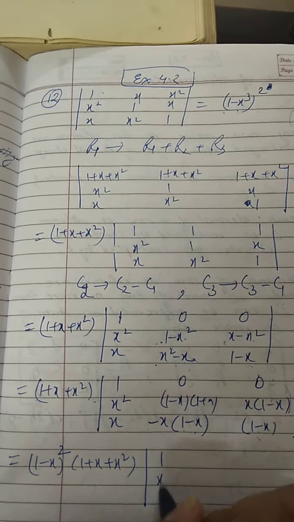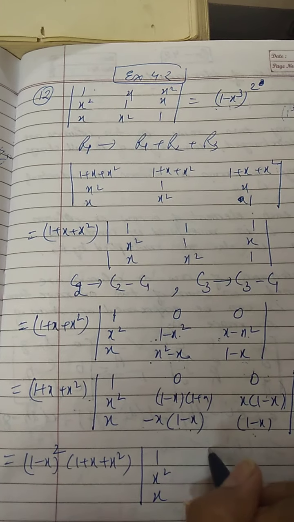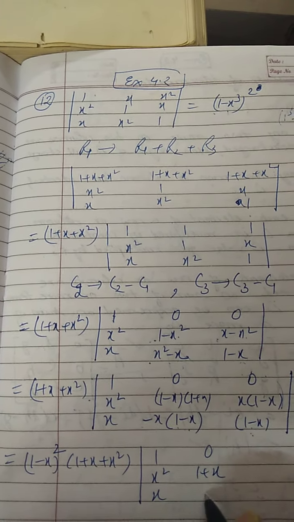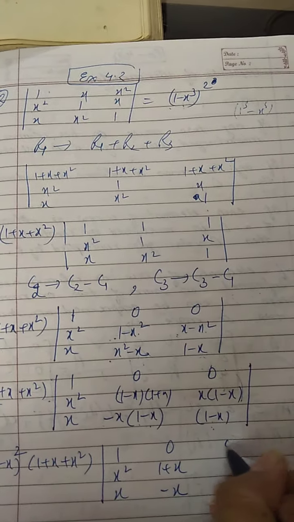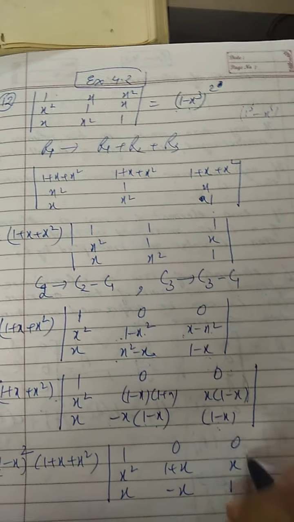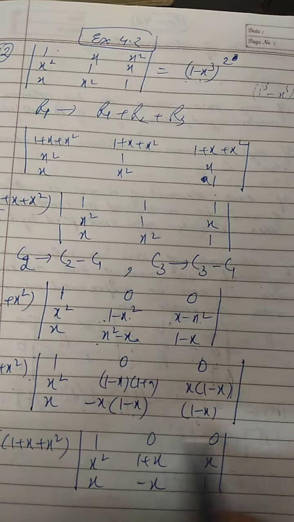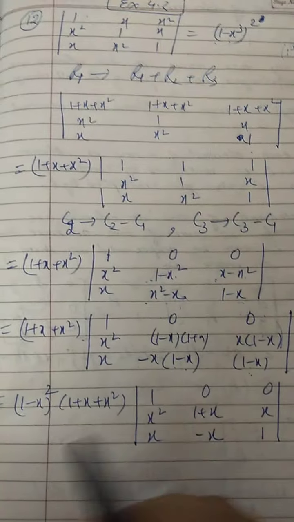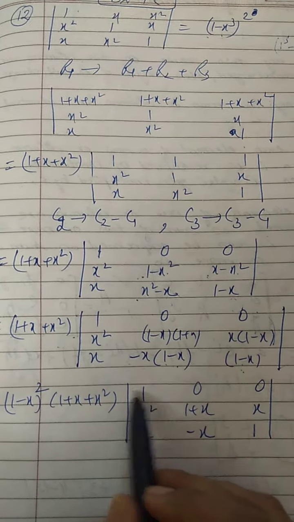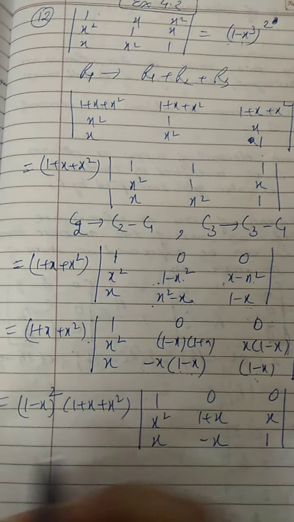And here we are getting our determinant now. This is 0, this is 1 plus x, here minus x, this is 0, this is x, and this is 1, right? Now once we get any row or column with two zeros, the next step, without any thinking, you will just expand along that row or column.